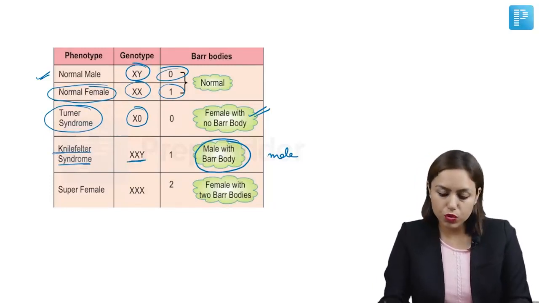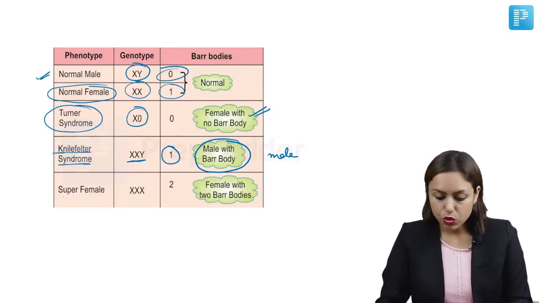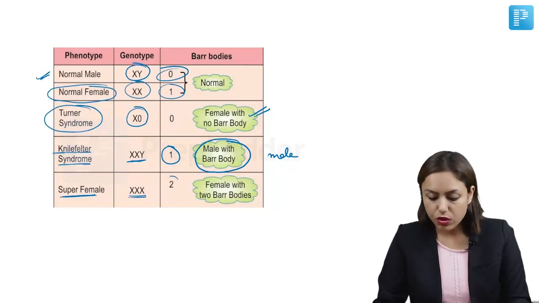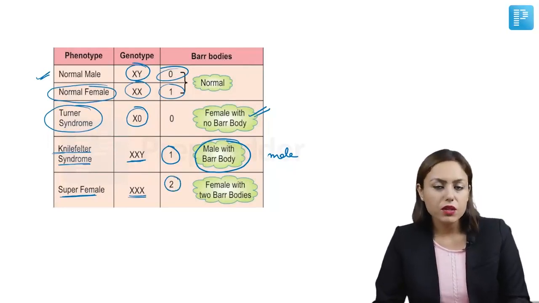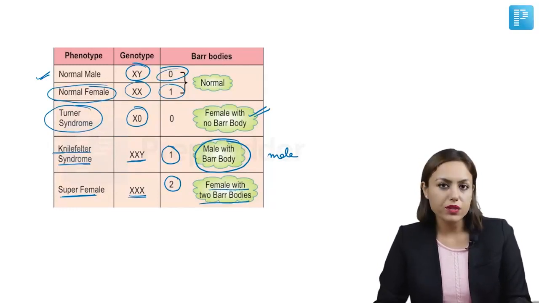There are 2 X chromosomes, so 1 bar body will be there. Usually males do not have a bar body, but this is a male with a bar body. Then super female, 3 X chromosomes in the genotype, so there will be 2 bar bodies and the phenotype is of a female. So this is a female with 2 bar bodies.